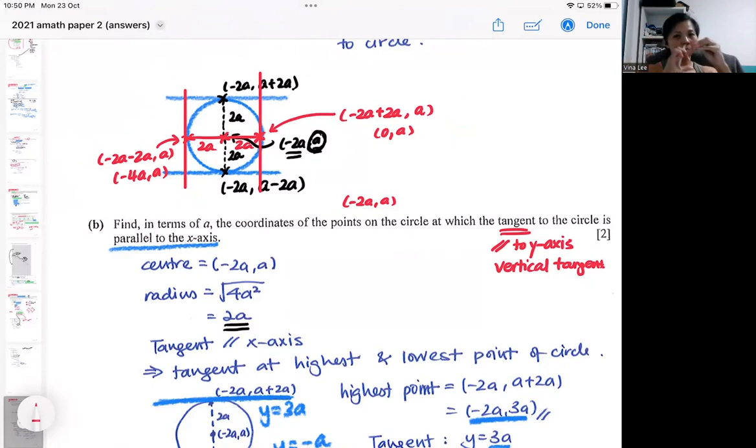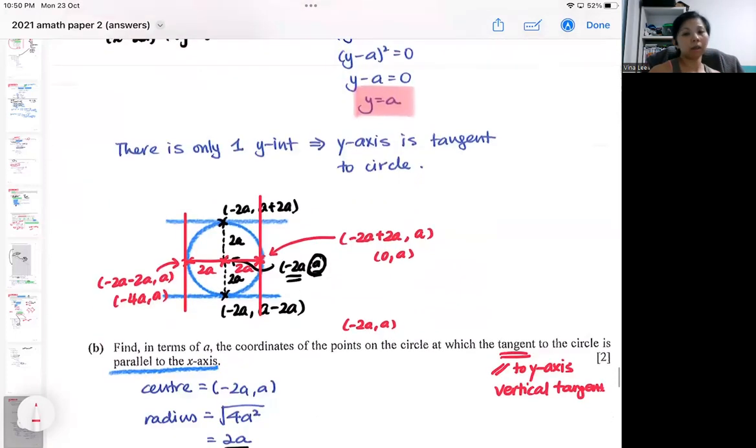From the center, you move down the radius. So everything's around the center. So if radius on top, radius below, okay. And for tangent that's vertical, it will be radius on the right or the radius on the left. So these are the possible tangent that they will be asking.